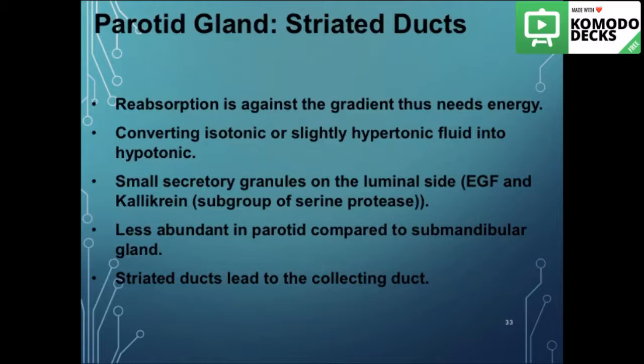Thus, it needs energy from the mitochondria and the unfoldings of the plasma membrane. Thus, it's called a striated duct, because it's characterized by these striations. It converts the isotonic or slightly hypertonic fluid into a hypotonic solution, which has less sodium chloride ions. Small secretory granules are found on the luminal side.